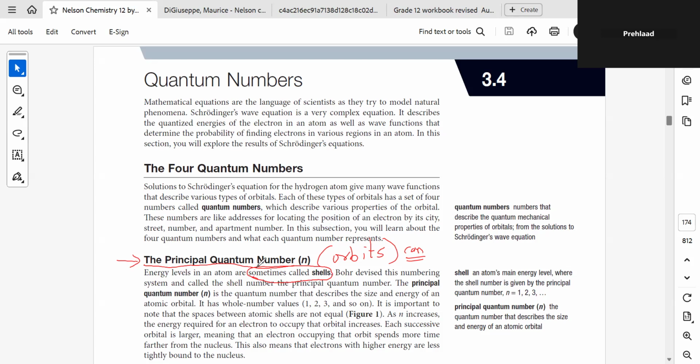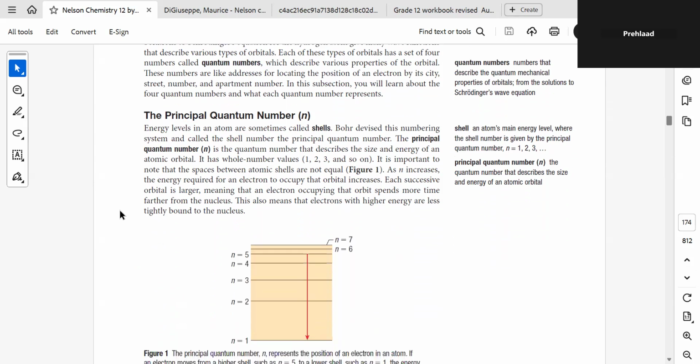So the first one is n. It is represented as n, the principal quantum number. The principal quantum number is the number that describes the size and energy of an atomic orbital.